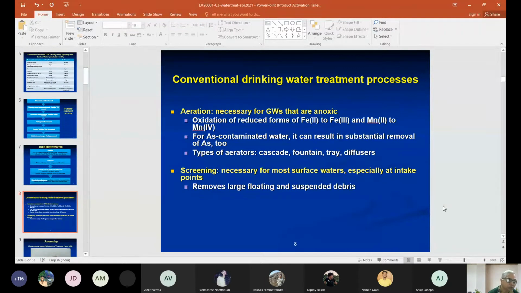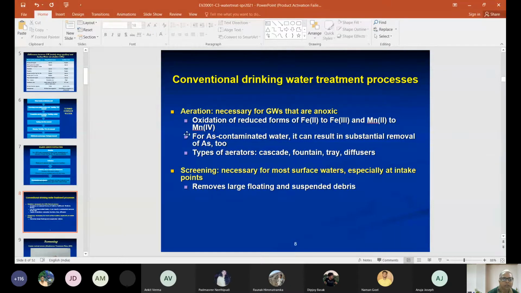And the deeper the groundwater, the less DO you're likely to get. And whatever little amount is there, if there is some amount of organic matter, then you will get a conversion of that by the bacteria and you will get even lower DO levels. Then when you do aeration, let me show you what aeration is. When you're aerating the water, you are oxidizing the reduced forms of ferrous iron to ferric iron, manganese iron to manganic iron.